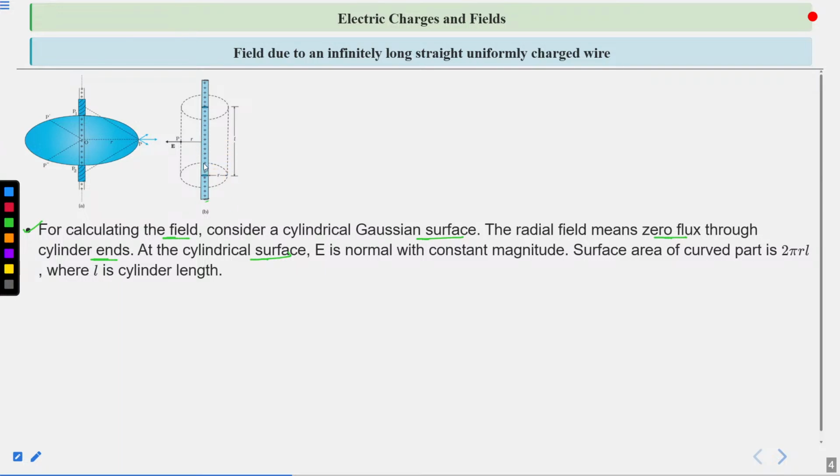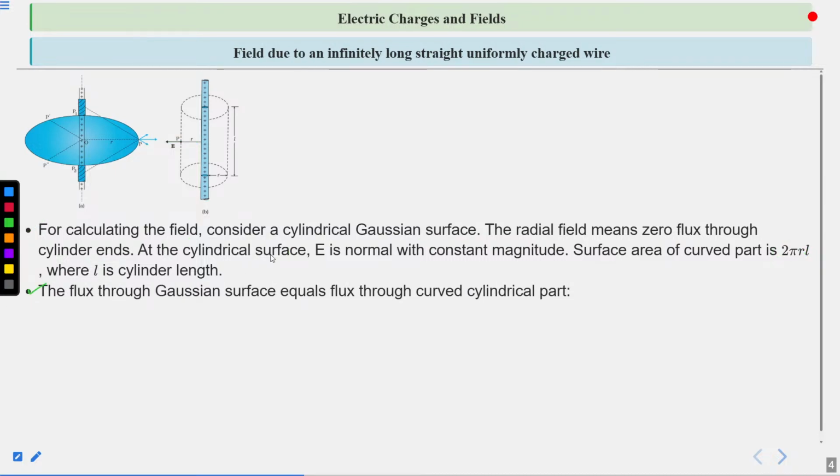Because the charge is positive, the direction of the electric field is radially outward. Now the surface area of this curved region is 2 pi RL.